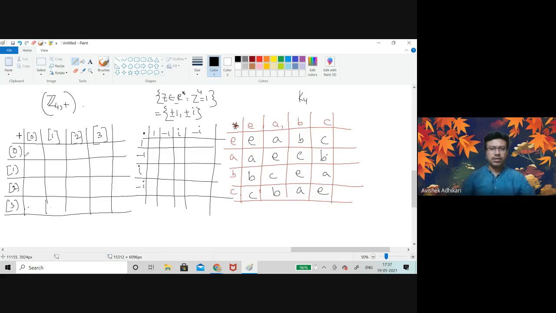Okay, so let us fill this up. I am not putting the class here: 0, 1, 2, 3; then 1, 2, 3, 0; then 2, 3, 0, 1; and 3, 0, 1, 2. So they are all classes. Can you please fill up this one?